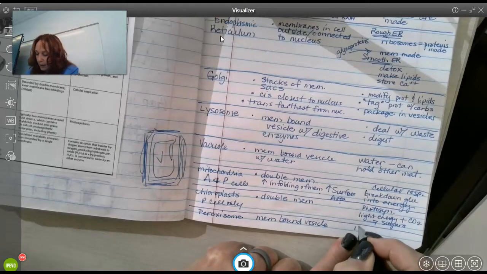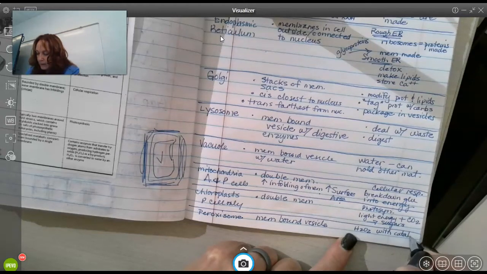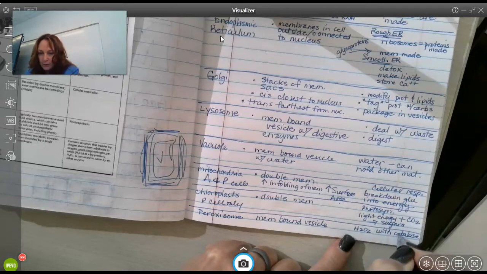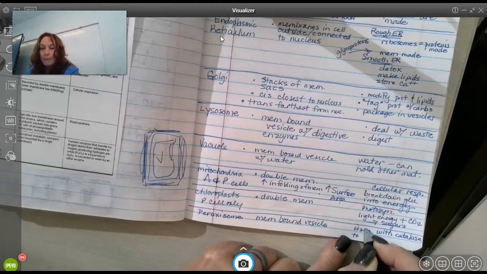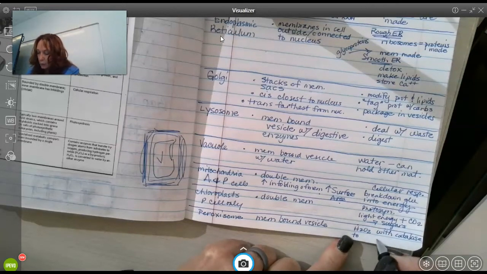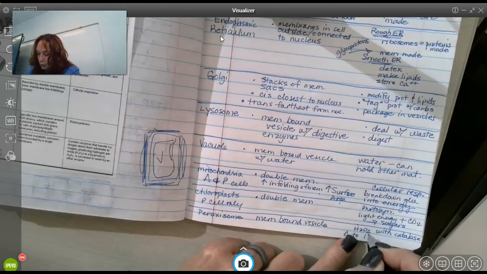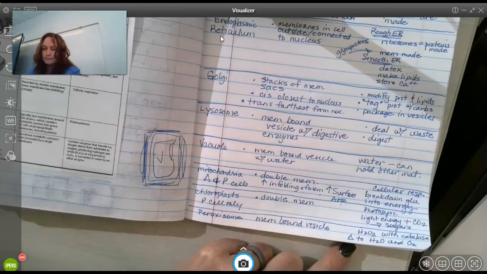So its job is to take hydrogen peroxide with catalase, which is the enzyme that works on hydrogen peroxide. So this is the enzyme, this is the substrate, and it's going to make hydrogen peroxide not dangerous. It's going to change it to water and oxygen.